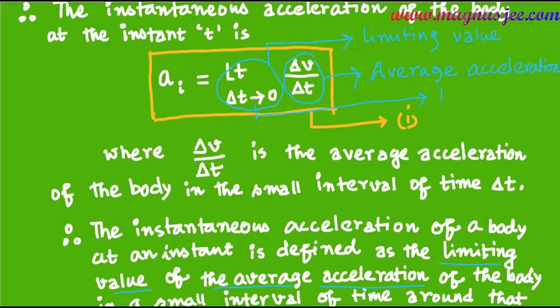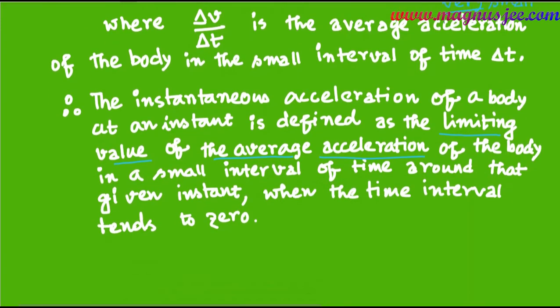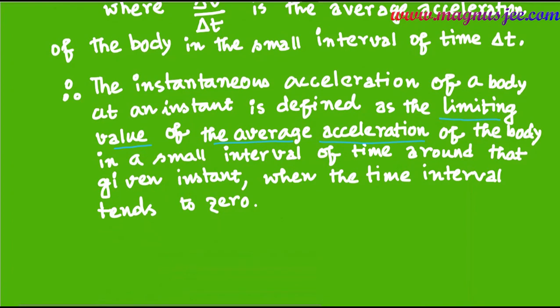Delta t tends to 0 means the interval of time is very small, not only small, very small. No need to write the part denoted by blue color, because it is only to explain the concept of limiting value.